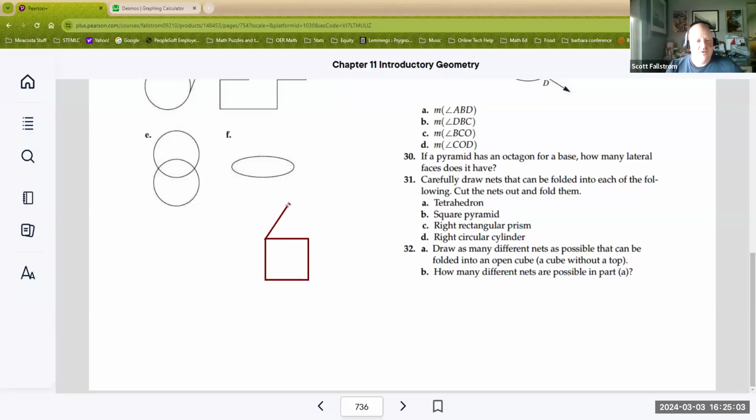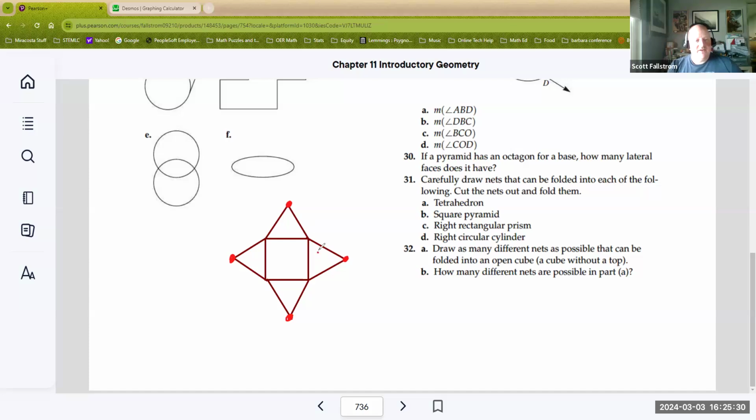So build it so that you get kind of a triangle on each of these, right? And then each one of these folds up so that the tippy top point of each one of these, when you fold those together, comes up to form the pyramid. And there's your net.